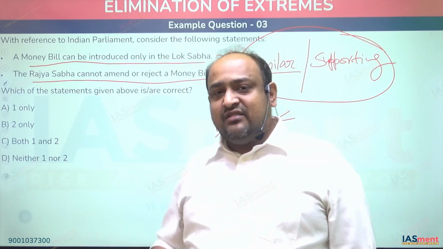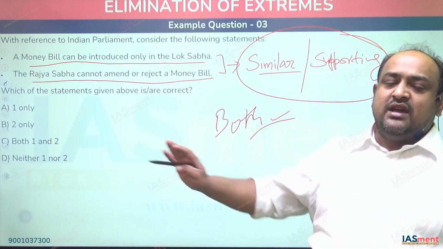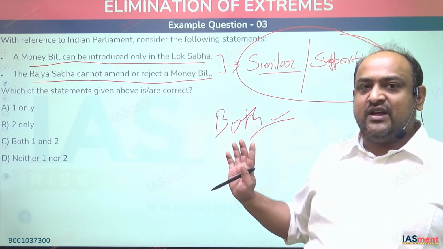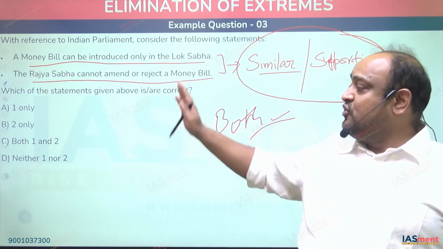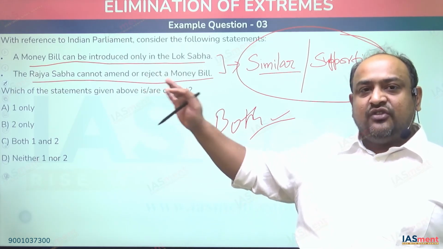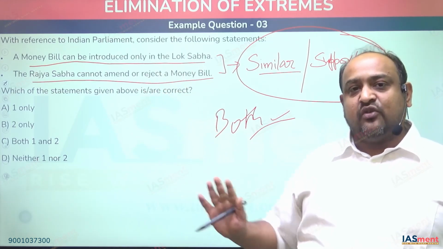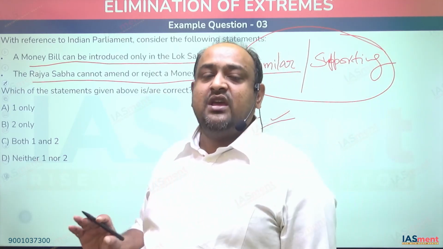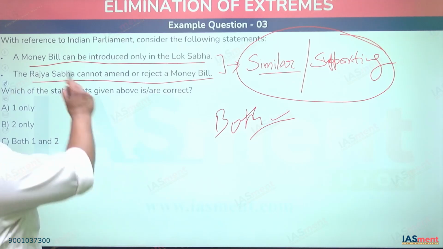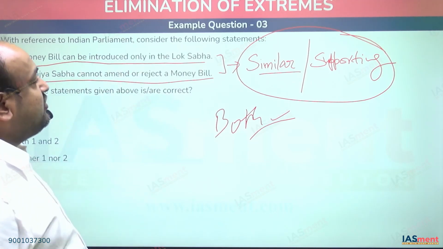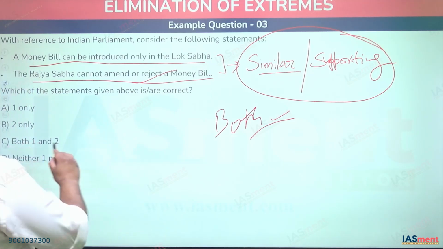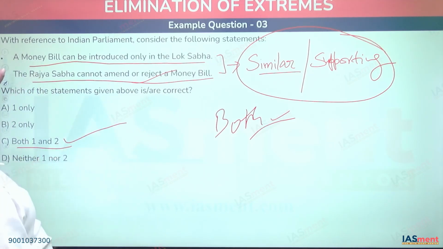But if you understand that these are similar, then if you know either of the statements, you can reach the correct answer. If you know that either of the statements is correct, then both are correct. If you know that either is wrong, then both are wrong. This is the beauty of the technique, right? So a money bill can only be introduced in Lok Sabha. Yes. So statement 2 will also be right. Answer is both 1 and 2.